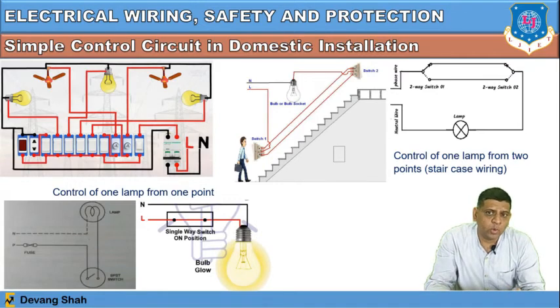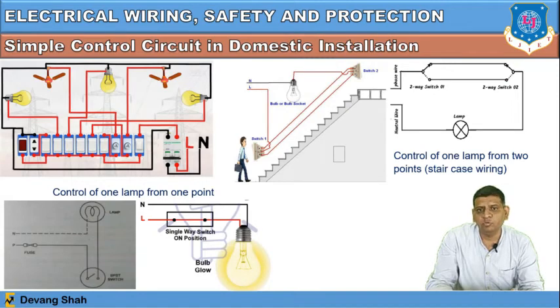Now here you can control one lamp from two positions or two switches, right? The best example is staircase wiring, where you can operate the lamp placed in the middle part of the staircase. You can see switch 1 is available, switch 2 is available.